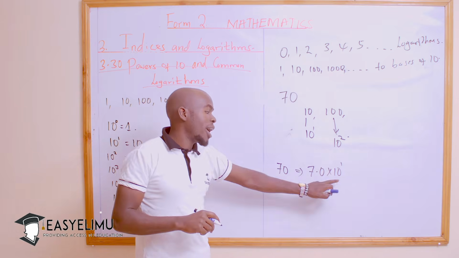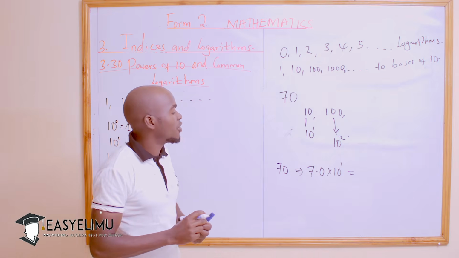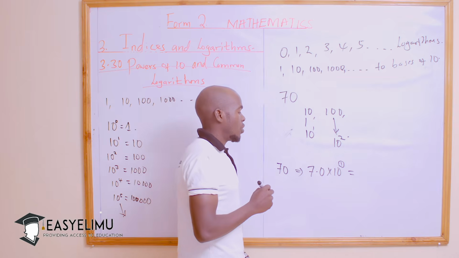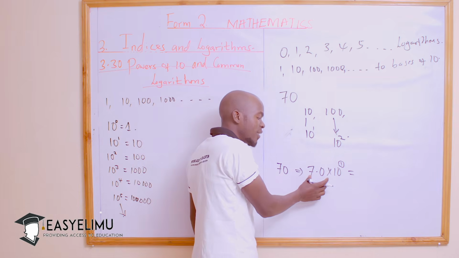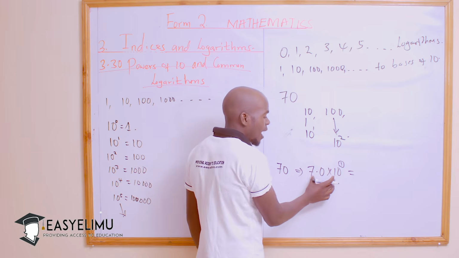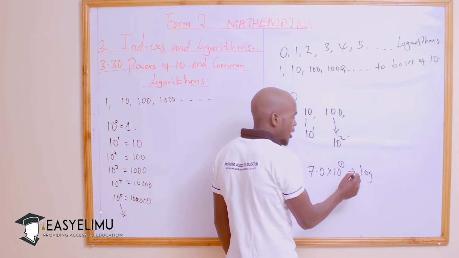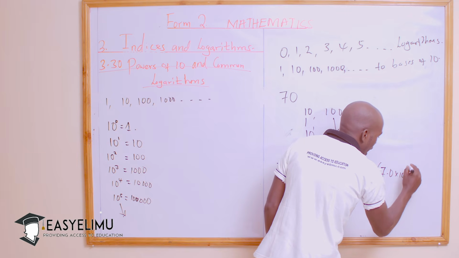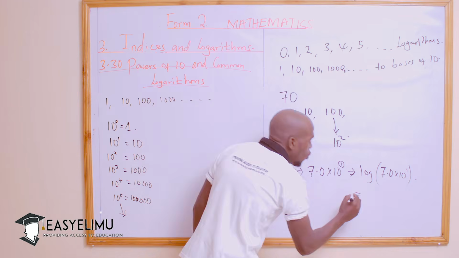Since we have 10 raised to power 1, this power is the log. So we find the logarithm of 7.0 times 10 raised to power 1, and we end up having 1.